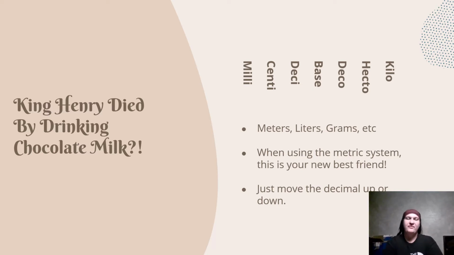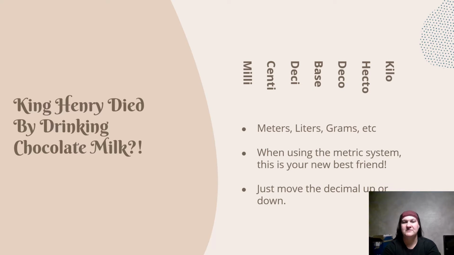If you have 3 kilograms that is 3 million milligrams, because you just move that decimal down those many points. It may actually be 3,000.